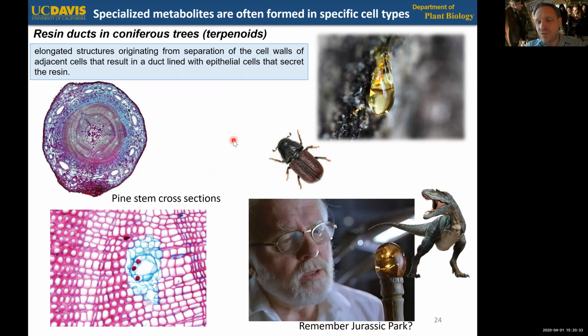In addition to its toxicity, as you have seen if you walk through the woods, the resin polymerizes and will trap, for example, an insect that is trying to enter the tree, and it will also seal the wound that the insect has created to prevent further attack by fungal pathogens. So they are both structural and chemical defenses.